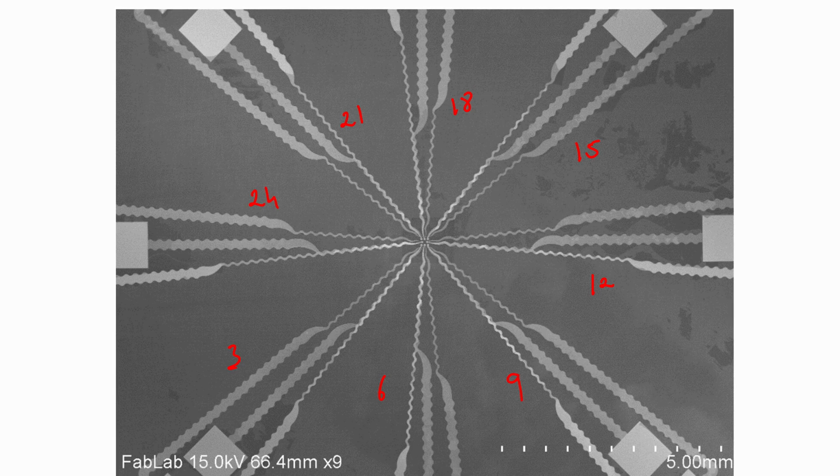About 24 contact pads we have to fabricate, or we can pattern using chrome gold to take out the contacts from the piezoresistor and electrodes. And how many piezoresistors and electrodes are here? 8 piezoresistors and 8 electrodes.